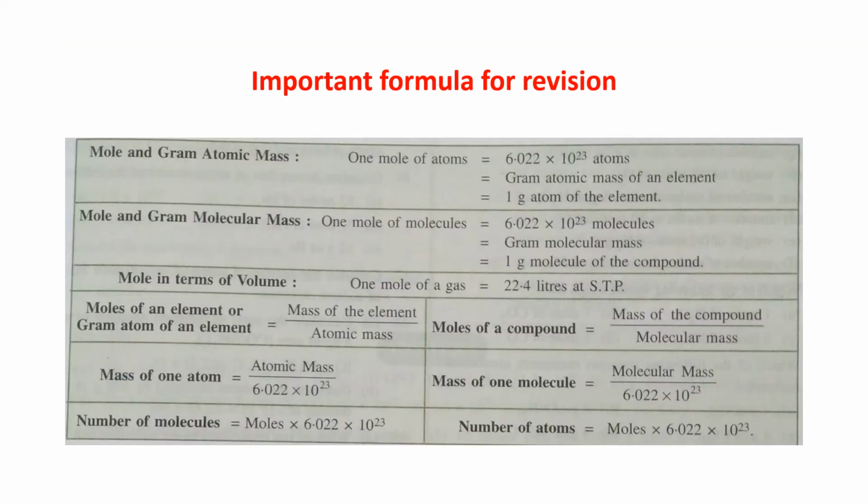Now some important formulas are given here. Whatever we have done there, this is just a revision. Please go through this slide. You have to remember all these formulas. It is very important because repeatedly it will come when you do the numericals for this chapter and for the next chapter also. Next chapter means next lesson.